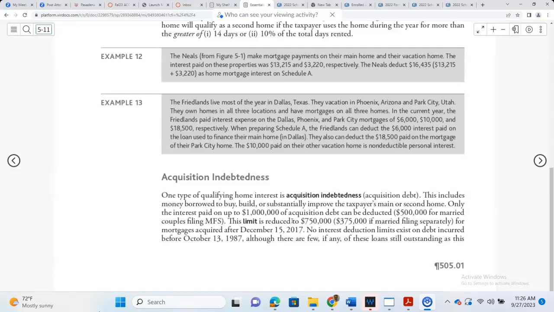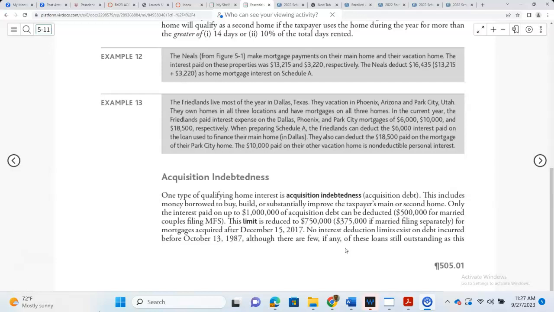This limit was reduced to $750,000 for mortgages acquired after December 15, 2017. It was $1 million as far as I remember, but after that Trump tax law, the Jobs Act, whatever they call it, that changed to $750,000.